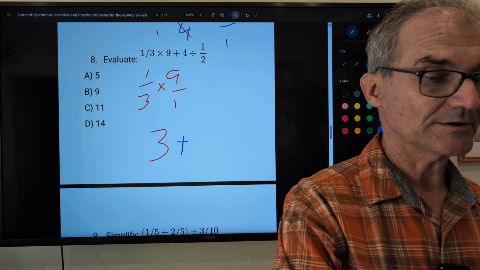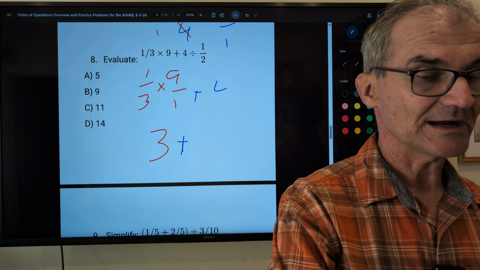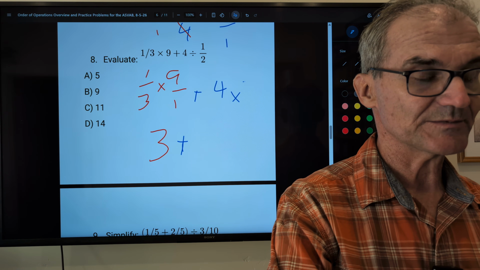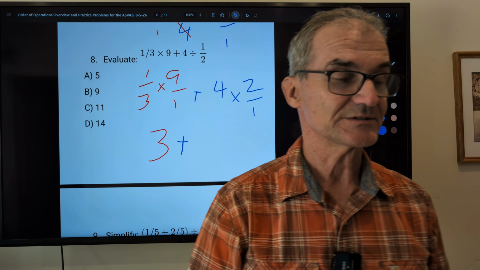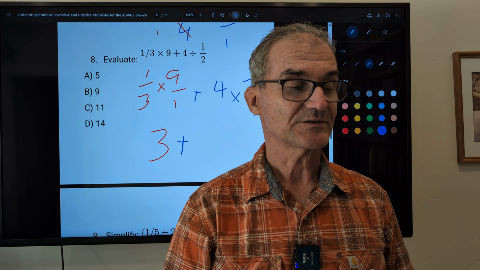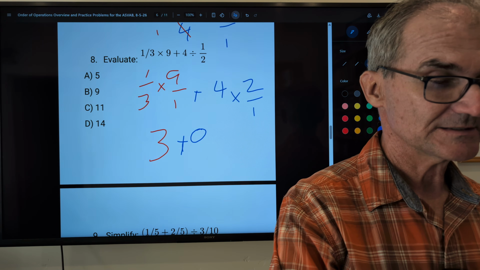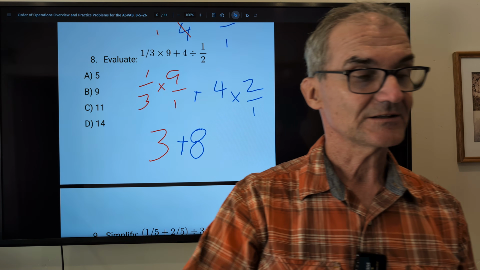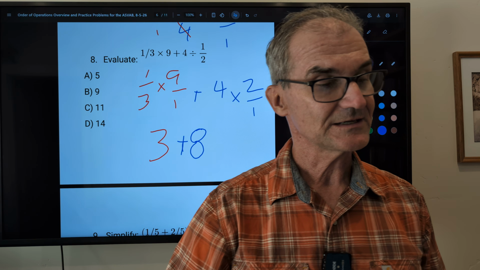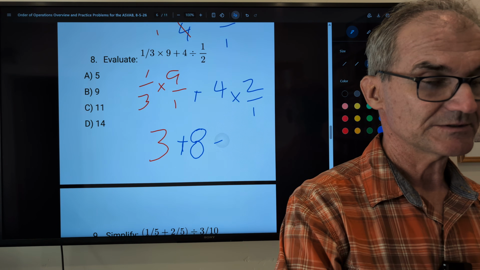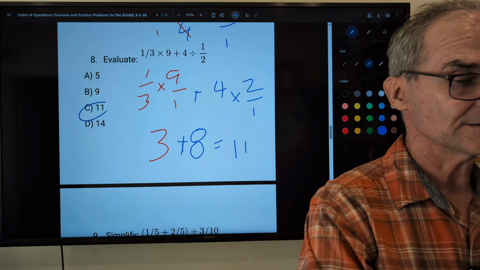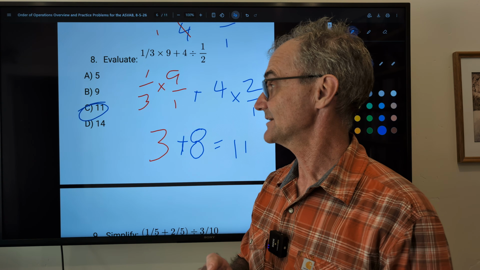Well, 4 divided by 1/2 is the same as multiplying by the reciprocal. So 4 divided by 1/2 is the same as 4 times 2, or 8. Still, I don't do any of that addition until all my multiplication and division is done. Now I have 3 plus 8, which is equal to 11. Correct answer, answer C right there.